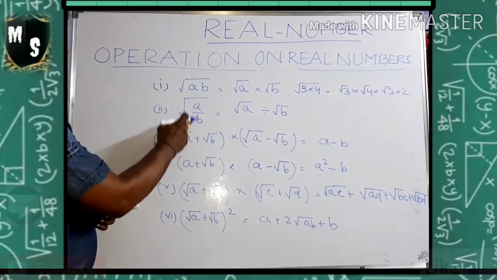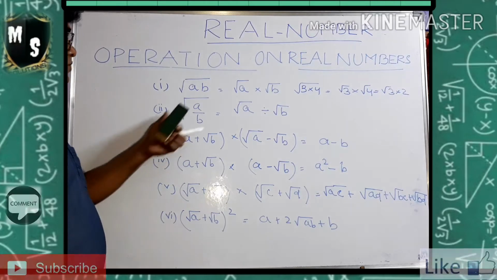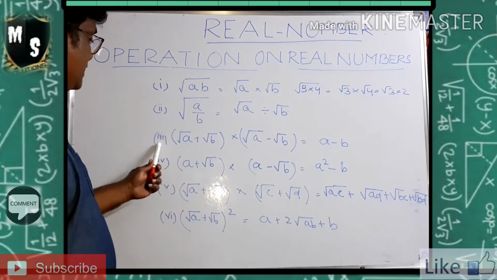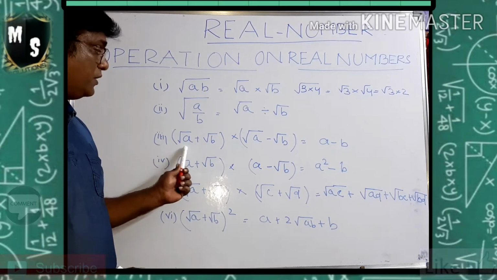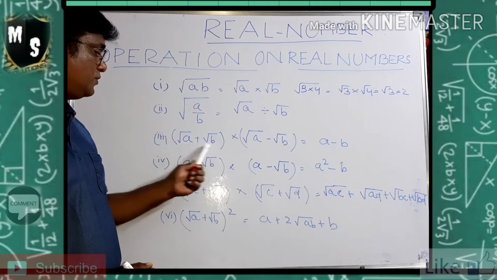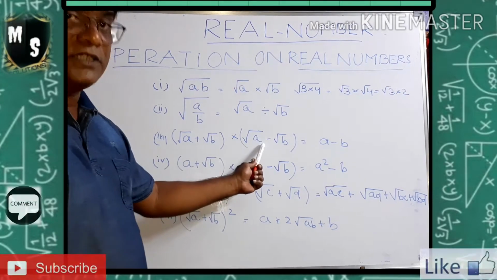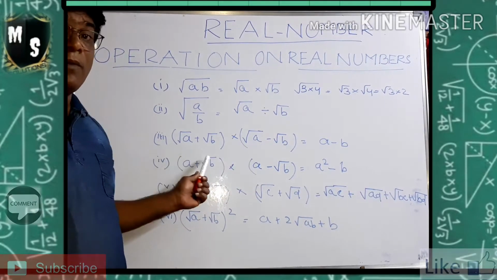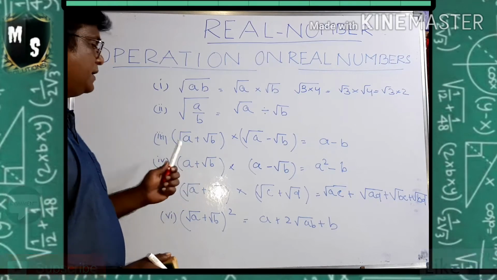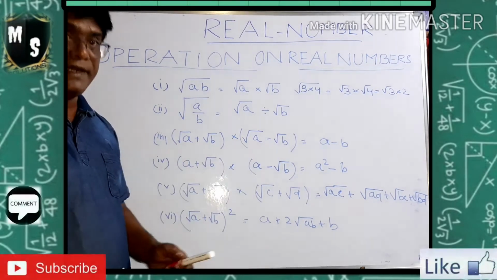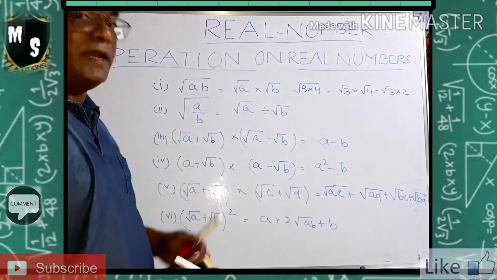Again, square root of a by b is square root of a divided by square root of b. Similarly, another formula: two irrational numbers, the square root of a and square root of b, are added and subtracted. Then it is under the formula a square minus b square, because it is a plus b into a minus b. Our identity says it is a square minus b square.